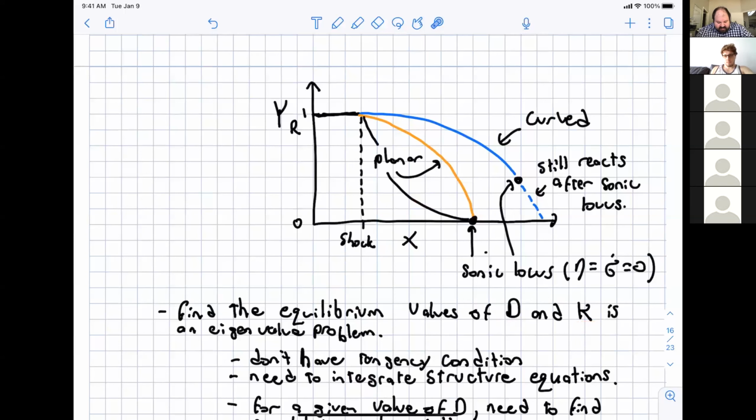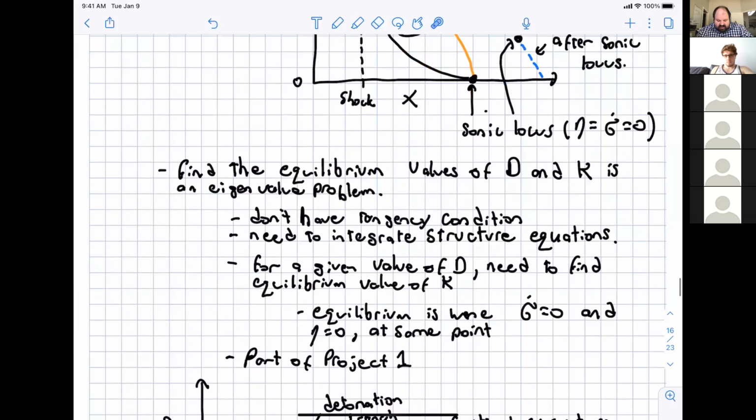This actually becomes what's called an eigenvalue problem. And the issue is it's not a Chapman-Jouguet detonation anymore, so we don't have that extra tangency condition to apply, where the Rayleigh line and the product Hugoniot touch at exactly one point and their slopes are identical. We don't have that extra condition anymore.